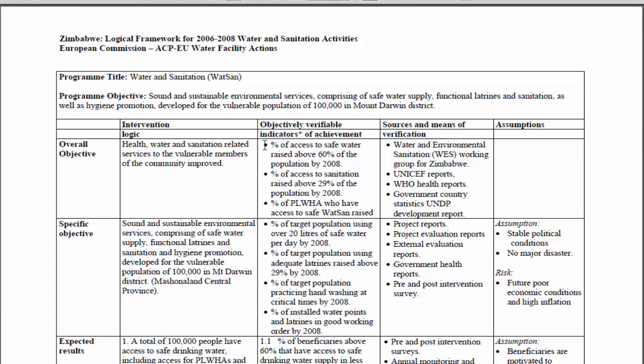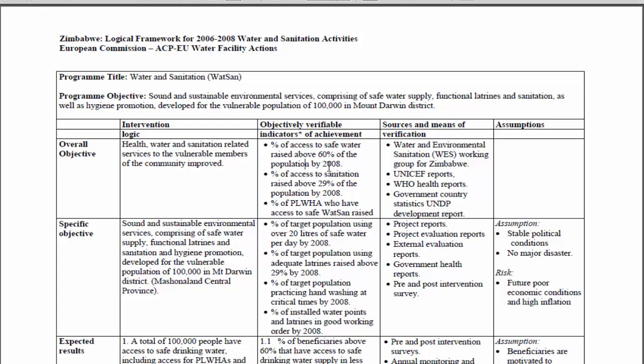So what I normally do, I just go to these indicators here. When you understand what these indicators are all about, for instance, percentage of access to safe water raised above 60% of the population by 2008.